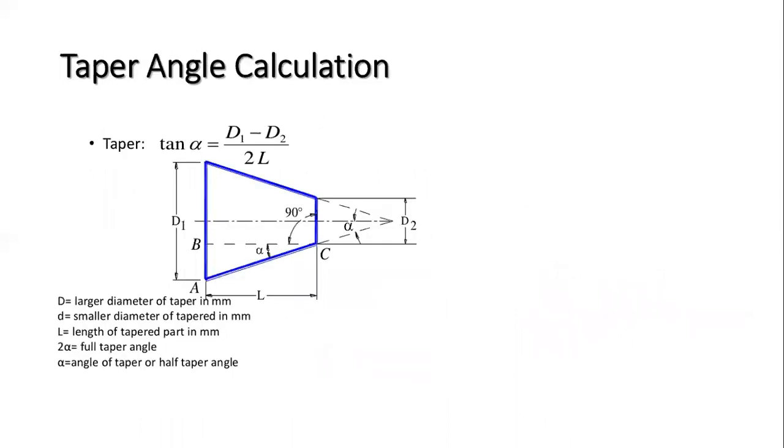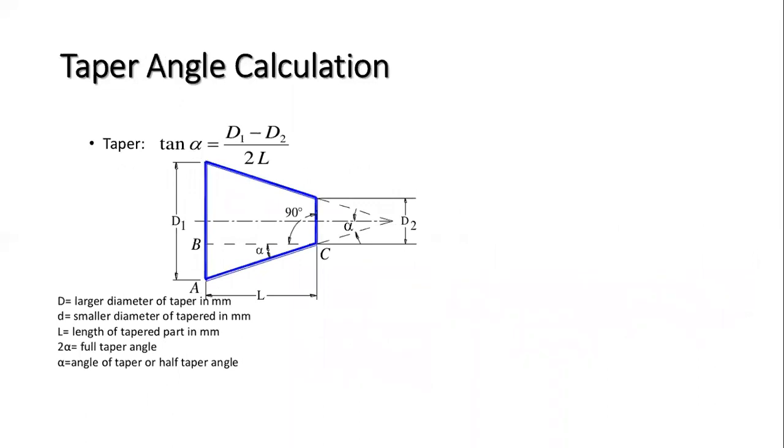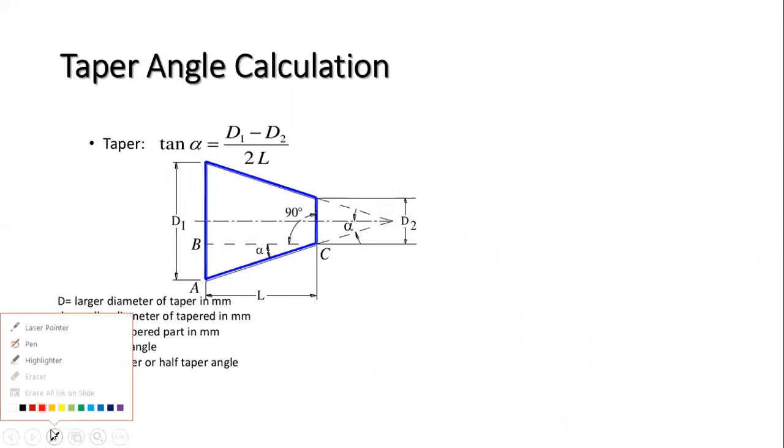Next, here is the important thing, that is how to calculate the taper angle. I'm going to my previous slide again. We can see here is the angle. Before cutting this taper, we have to calculate the taper angle. So our objective is to calculate it. I'm going to show you how.